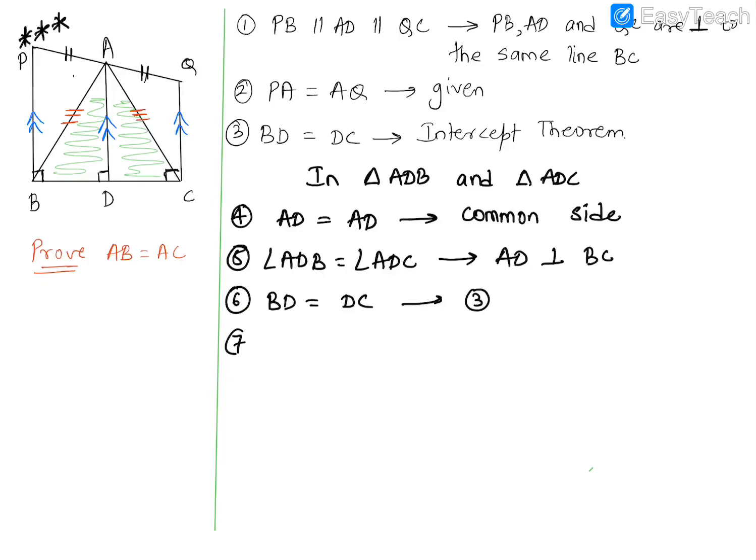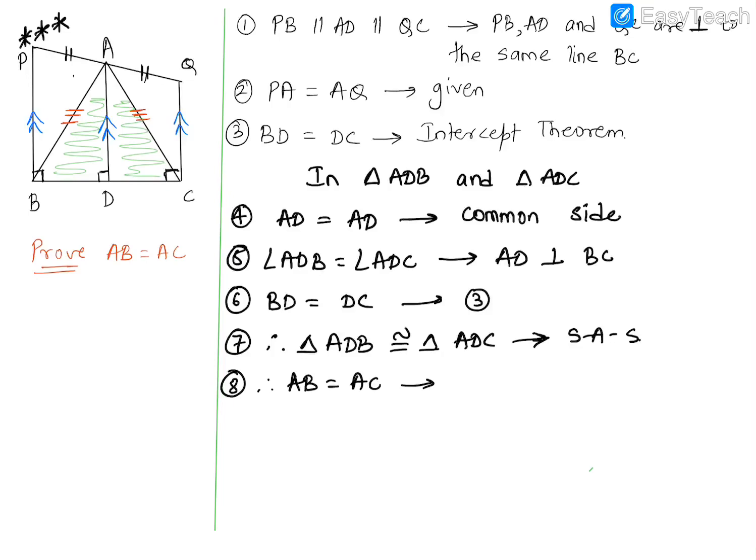And the 7th one, therefore triangle ADB is congruent to triangle ADC by SAS test of congruency. Now after I prove these two triangles are congruent, I can also say therefore AB is equal to AC. Reason, corresponding sides of congruent triangles are congruent. Done. So only 8 statements guys, but again a very important problem.